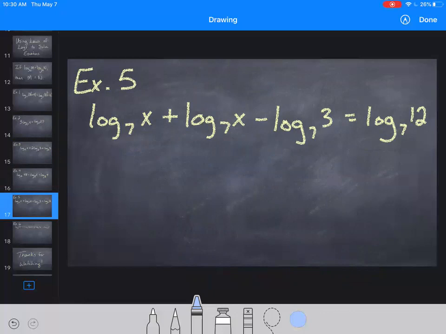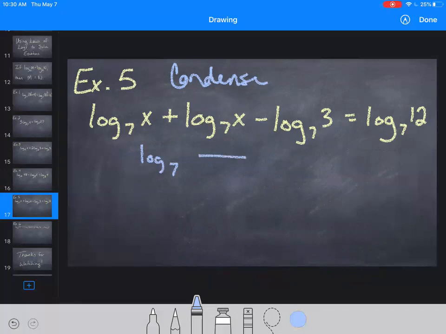On example 5, I have log base 7 of x plus log base 7 of x minus log base 7 of 3 is equal to log base 7 of 12. I know I have to condense the left side. Now, I have addition and subtraction, so I know there's going to be a fraction. I'm going to go ahead and write my log base 7 one time. I'm going to go ahead and write my fraction bar.